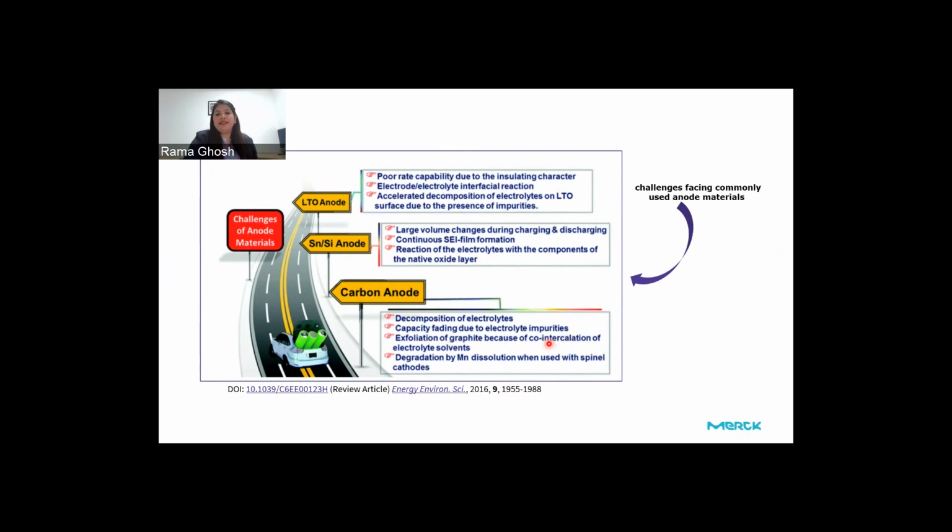At the same time, degradation by manganese also happens when you use spinel LMO. So when you use an LMO cathode with graphite, degradation of manganese is possible. And these challenges are really big challenges that degrade the performance of the battery materials.